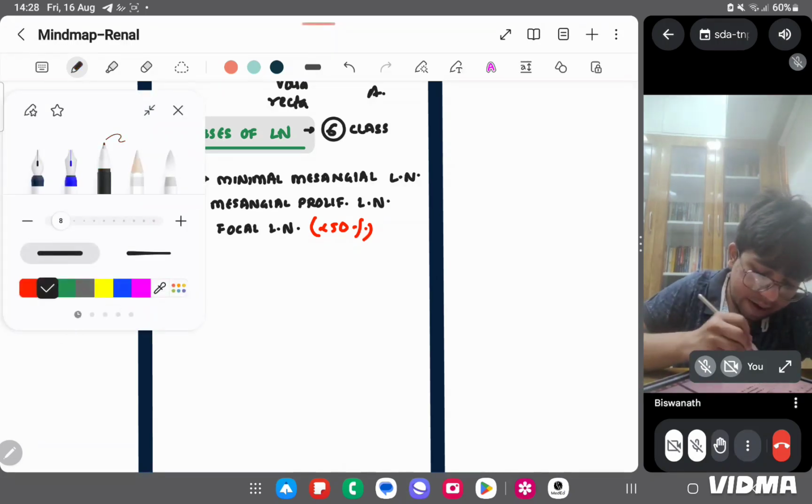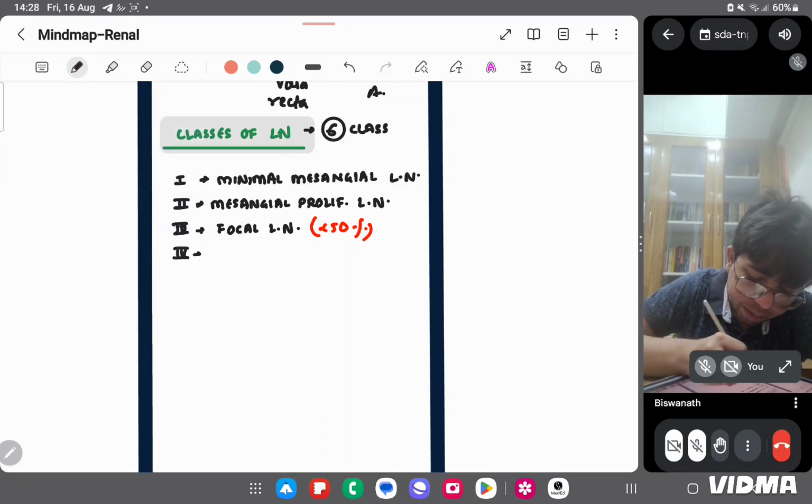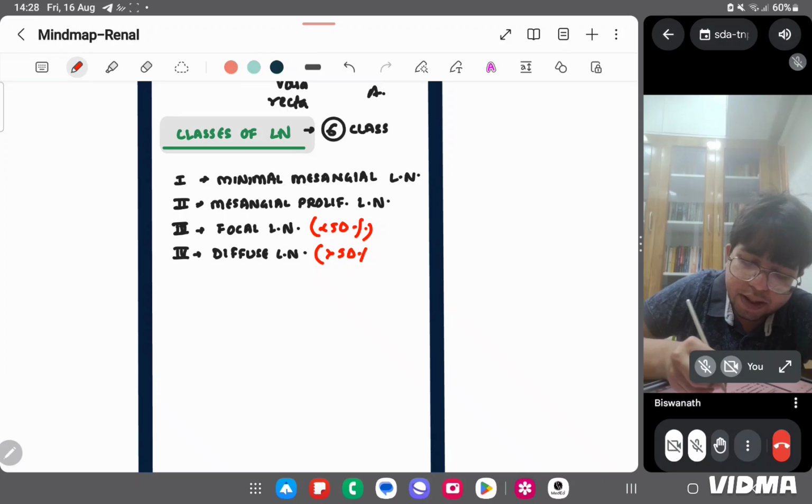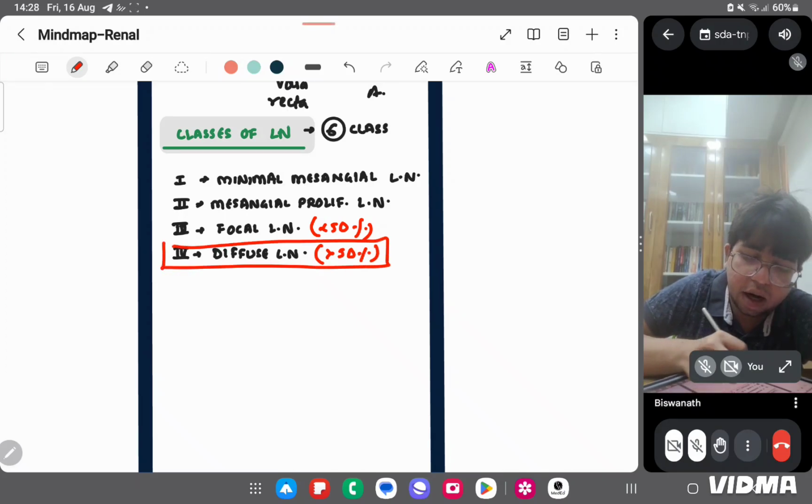Then class 4, the diffuse lupus nephritis. Here more than 50% involvement is there, and this is the most common stage. Remember, this is the most common stage.